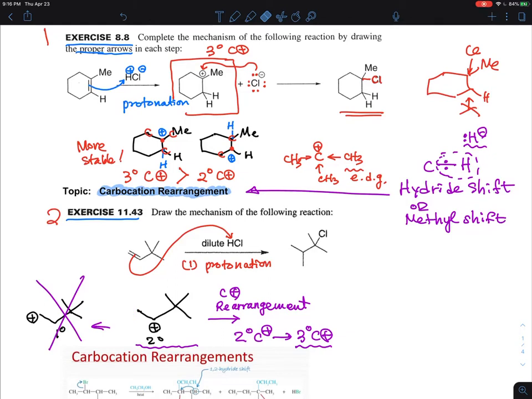But now the other option is actually what is called a methyl shift. Methyl shift is if you have a CH3, this is light enough that the whole thing can be shifted. So essentially CH3 with this lone pair, that's a negative one.